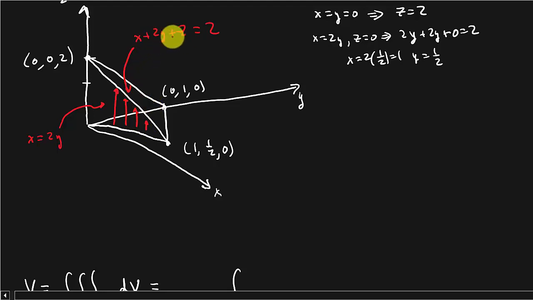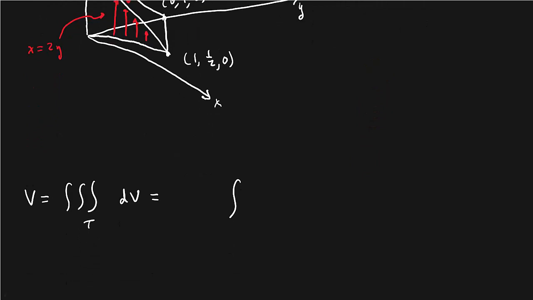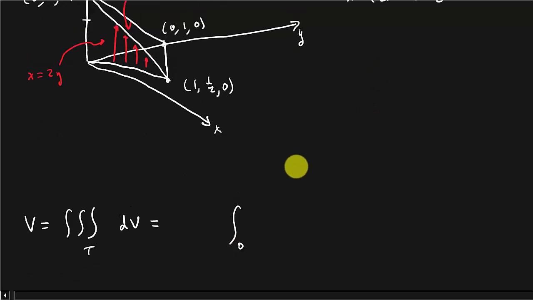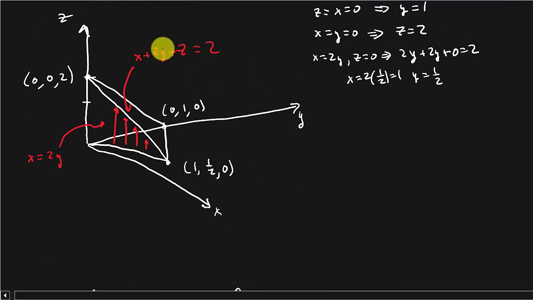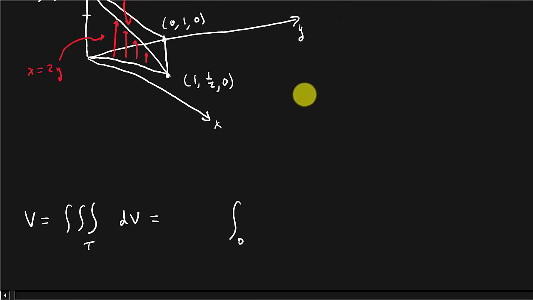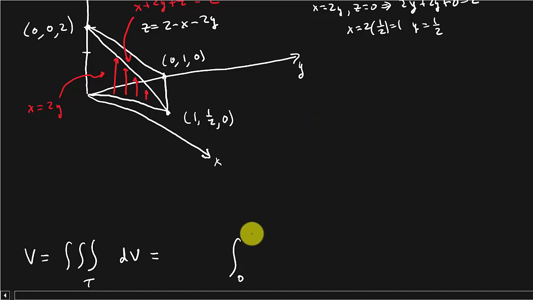So I'm going from z equals 0 up to z. Well, I've got to figure out what z is. z is equal to 2 minus x minus 2y, solving for z. And that's with respect to z.